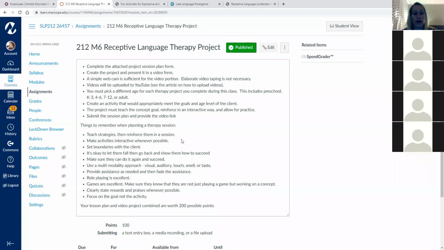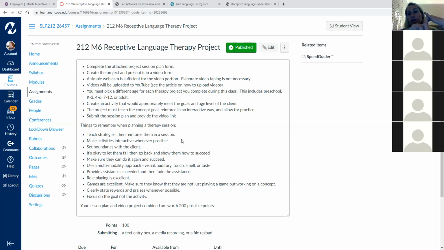What I'm looking for is, you're going to submit a session plan form. So here's a client, here are some goals. I will give you the goals. What are we working on? Pick 2 goals. What are you going to do in the session? Just remember that when you're planning a session, you're going to look at the goals.